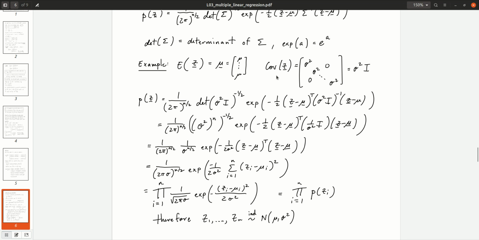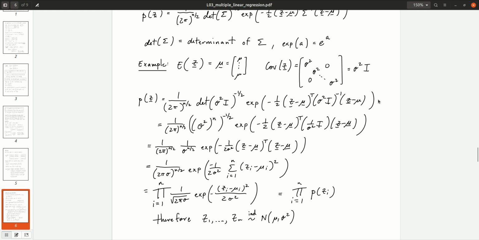And then we're going to say that the covariance matrix for Z has sigma squared on the diagonal. What that means is that the variance of each element Z_i equals sigma squared, and the covariance between Z_i and Z_j is 0 if i is not equal to j. So this matrix we can write as sigma squared, pulling that scalar out, multiplied by the identity matrix.